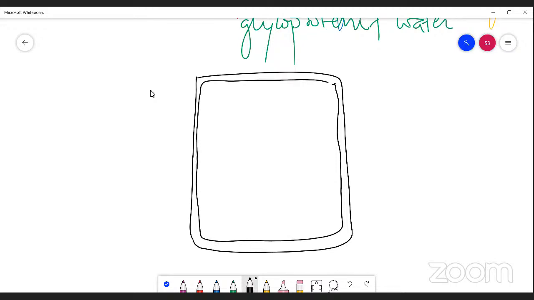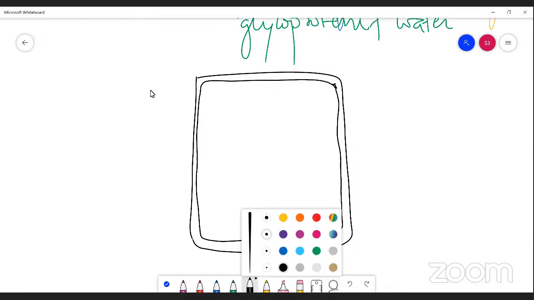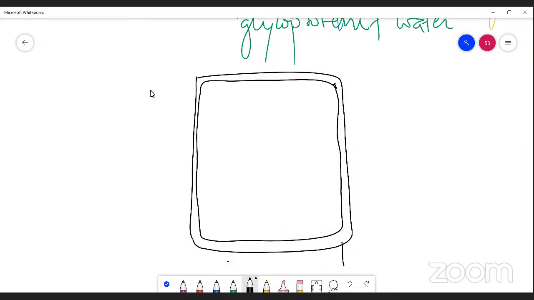The black color indicates the cell wall. If you take a plant cell, you can see it as it is. At the center, you find a very prominent structure, the nucleus.